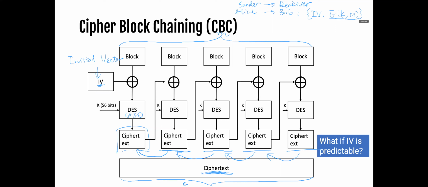And for Bob, because Bob has the key, because Bob is a legitimate receiver, what Bob would do is just use his key to decrypt this message, right?